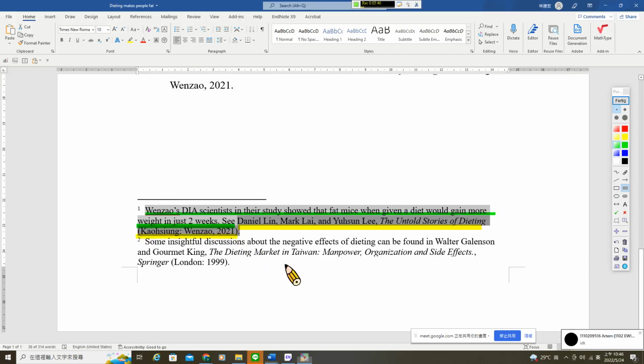Okay, so can we do this? Yes, of course, because when we use the note-bibliography system, the purpose of the notes is to provide additional information that is not suitable for you to put into the main body text, but you believe that it is necessary for the readers to have a comprehensive understanding about the context of your writing.